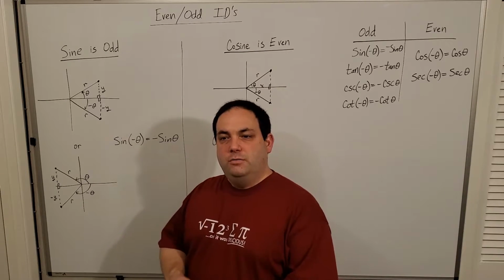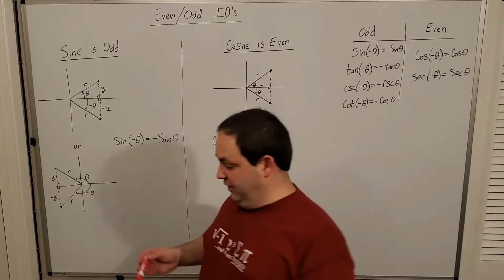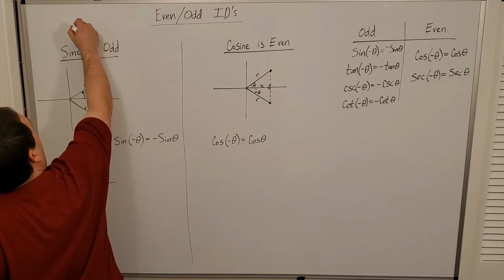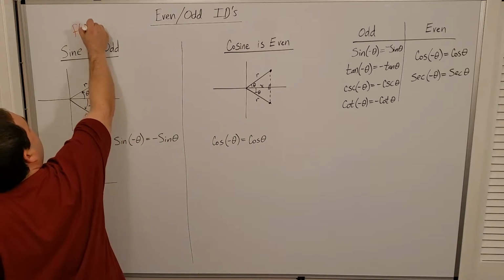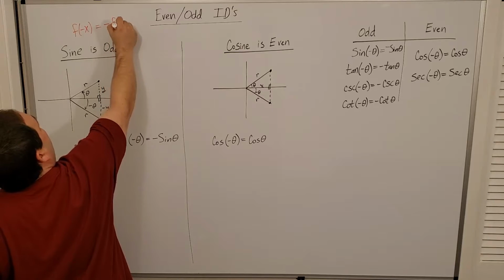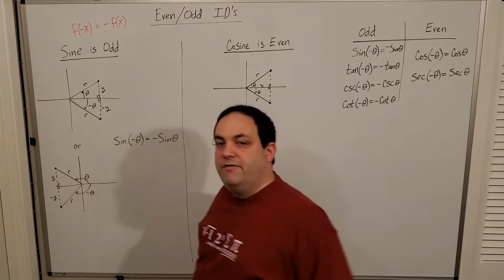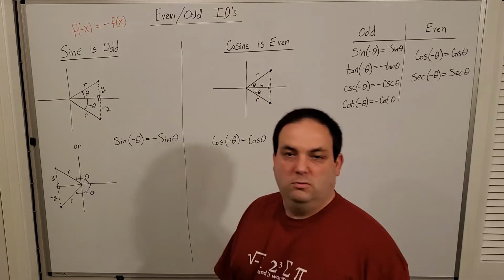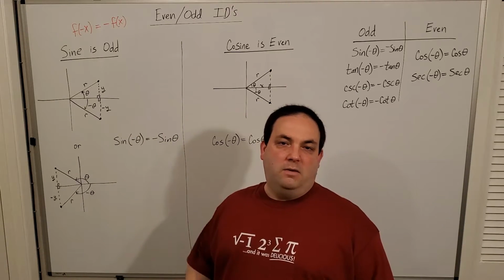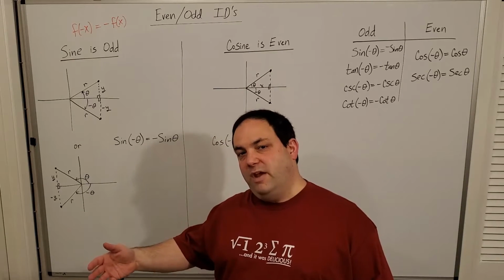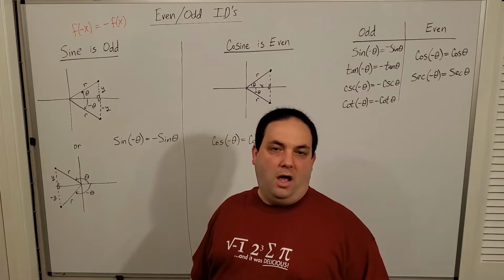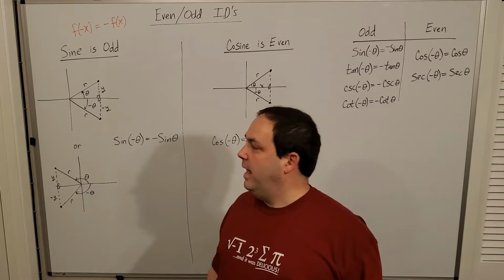By odd function, I mean the algebraic definition of any function where if you plug in the opposite of an input, you get the opposite of the original output. That's the definition of an odd function. Something like cube, right? 2 cubed is 8, but negative 2 cubed is negative 8, right? So x cubed is an odd function because of things like that.